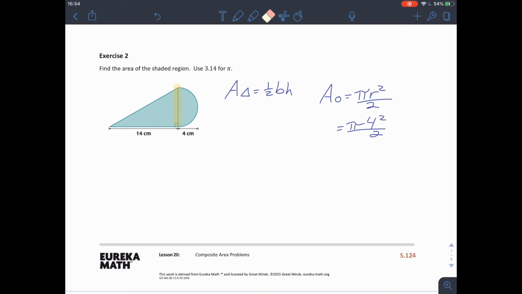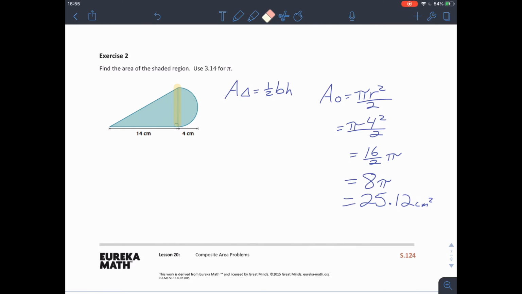Following PEMDAS, I have to use my exponent first, so I end up with pi times 16 over 2, and then I can simplify that by doing 16 divided by 2 to get 8 pi. I can then use 3.14 to multiply by our 8 to find out that our area is about 25.12 square centimeters. So that's our semicircle.